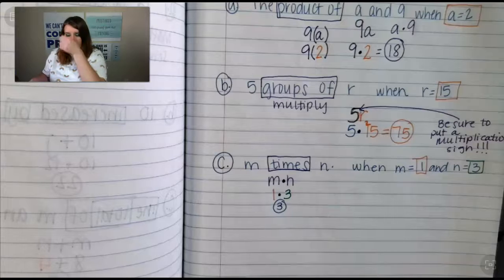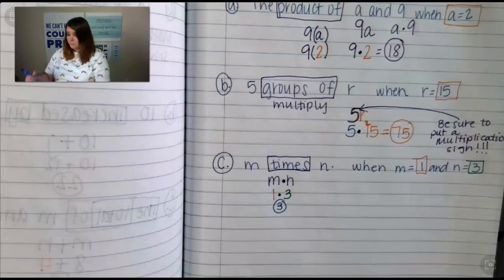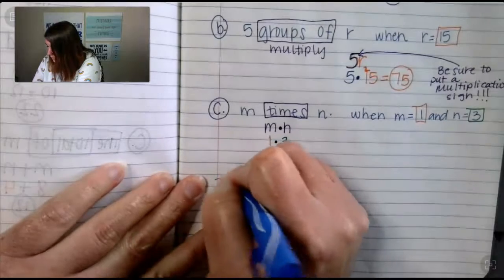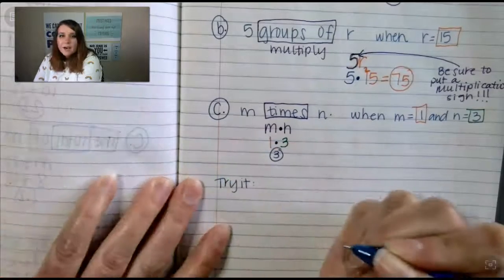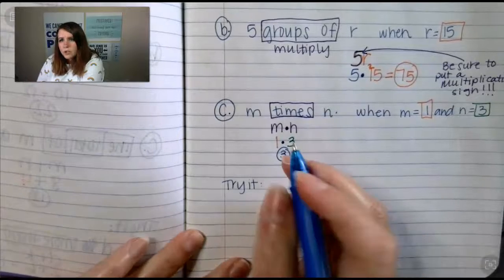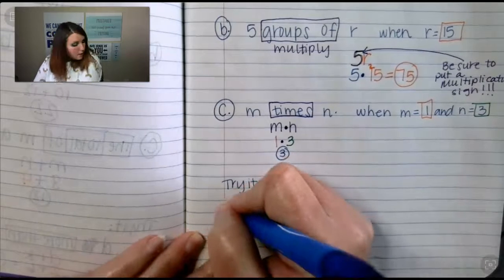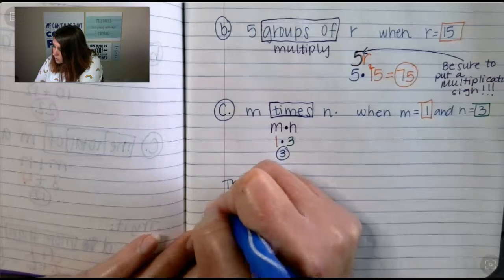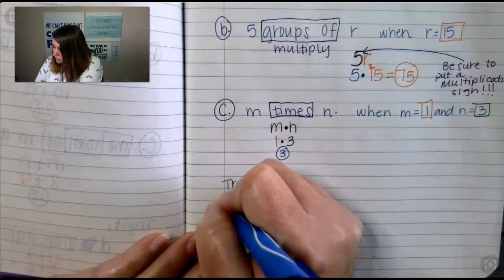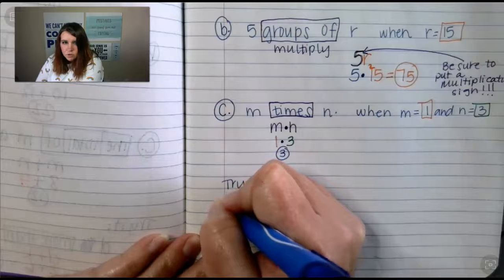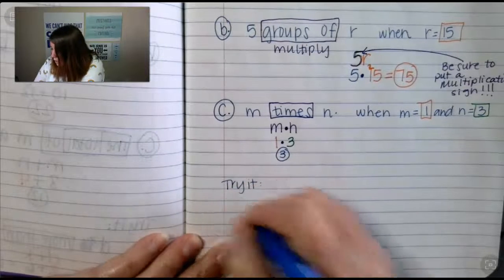All right, guess what? It's your turn. So you get to do a try it right now. Try it on your own. First write the expression, and then secondly, I want you to evaluate or solve.